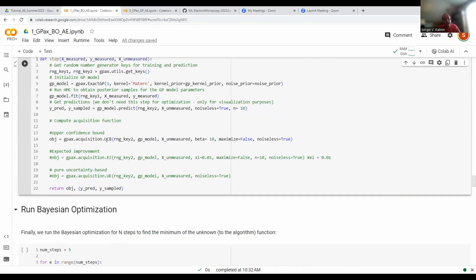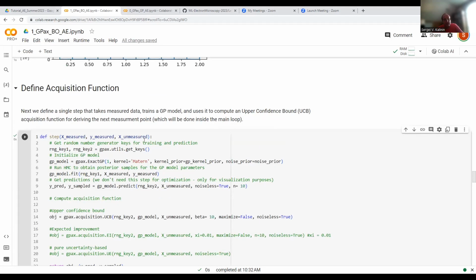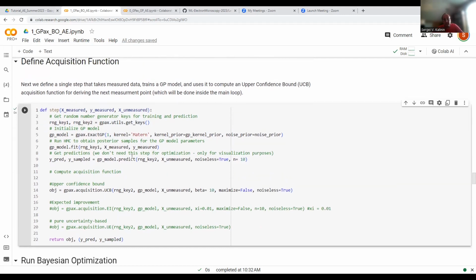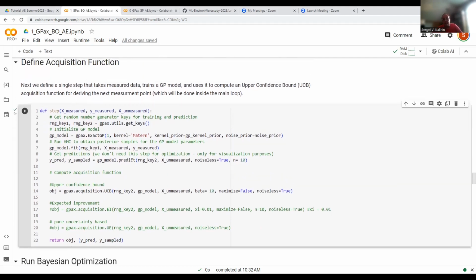And now we create the cycle for the Bayesian optimization. You will see that this cycle is very similar to that of the Gaussian process discovery. That's exactly the reason why GPAX is defined in this way, in order to make the adaptation for the typical active learning problems as simple as possible.